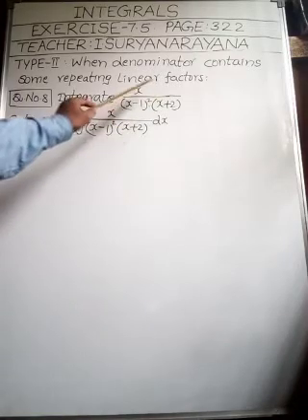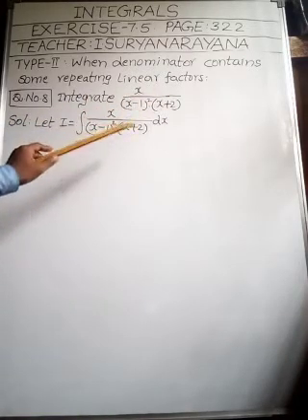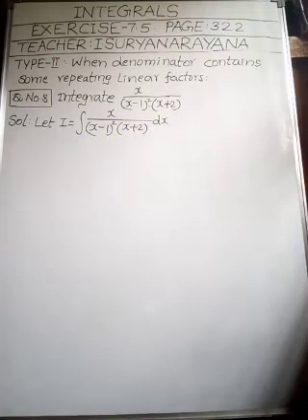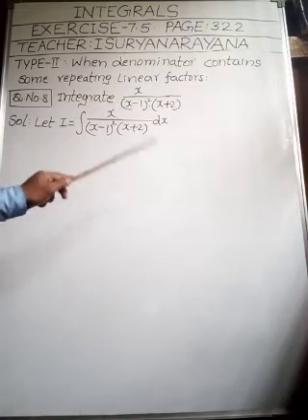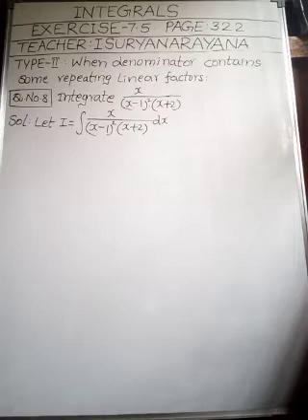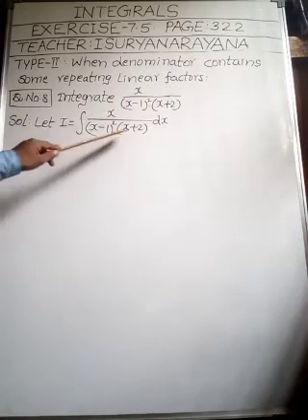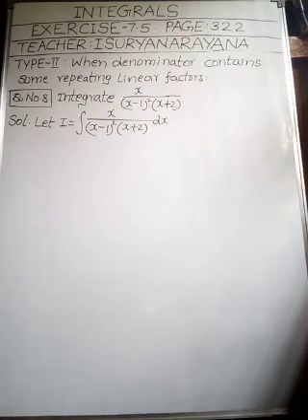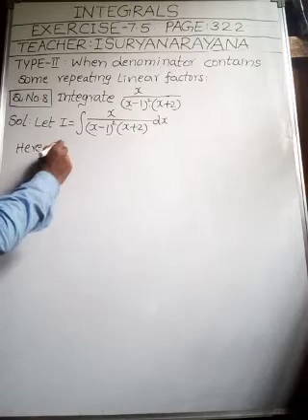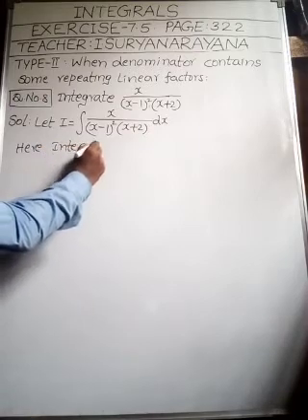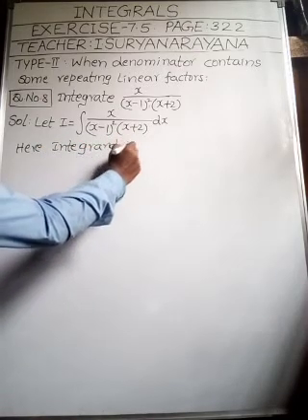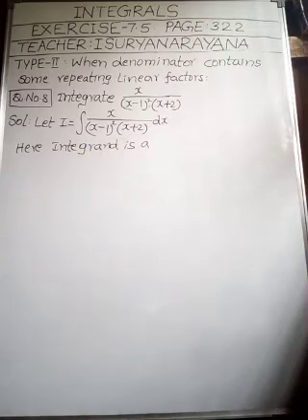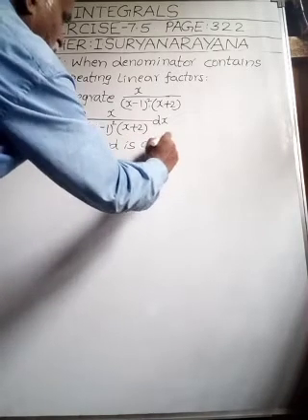So here it is a proper rational function, so I am not again verifying this. Directly I am doing the remaining part. Here the integrand is a proper rational function.